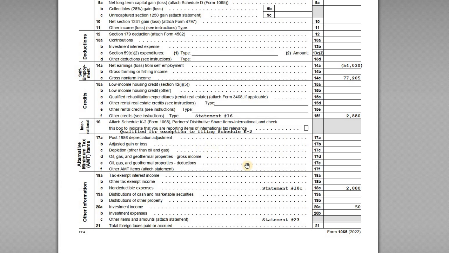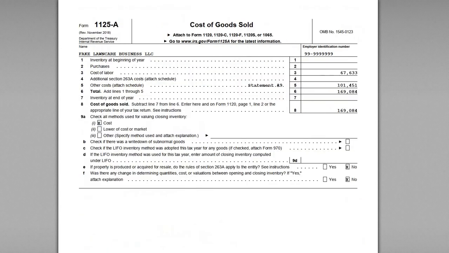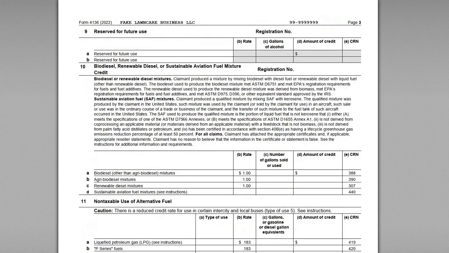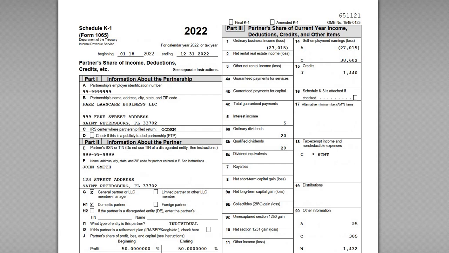Now, in our case, we are taking the position that we qualify for the domestic filing exclusion. So we don't have to do K2 and K3. If that's the case and you qualify, you can enter qualify for exception to filing. And then you also have to include a statement with the K1s notifying the partner to that effect.